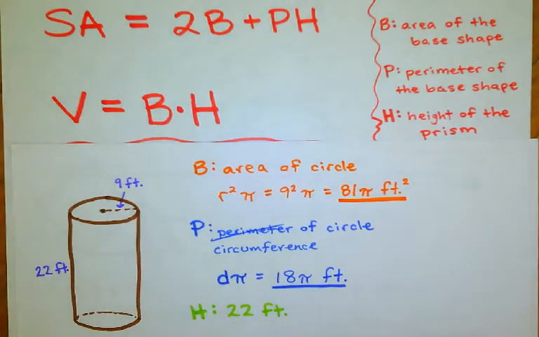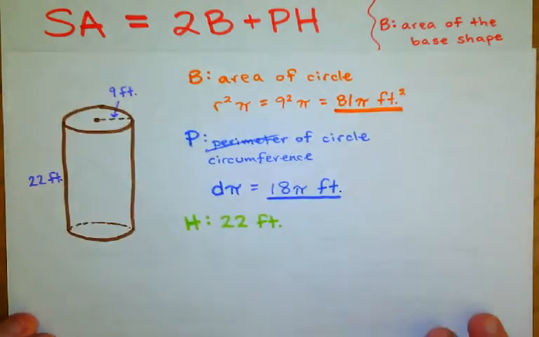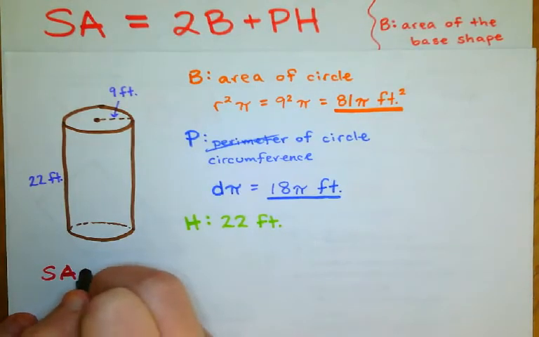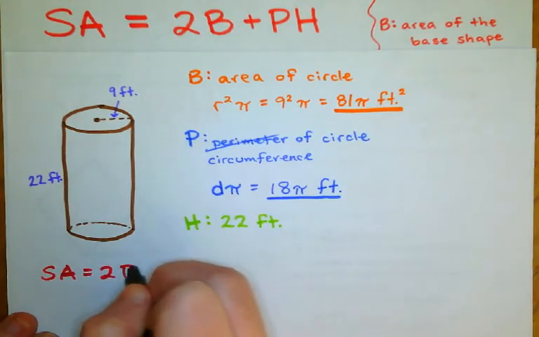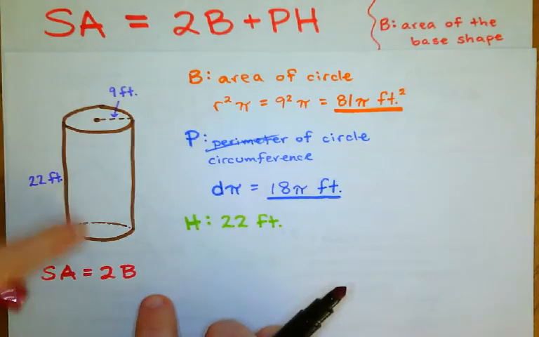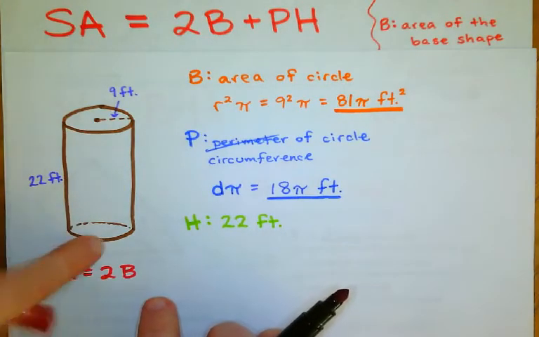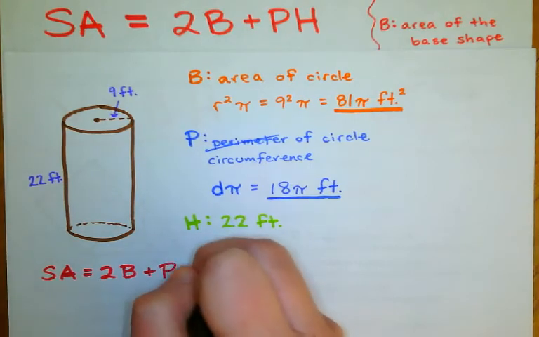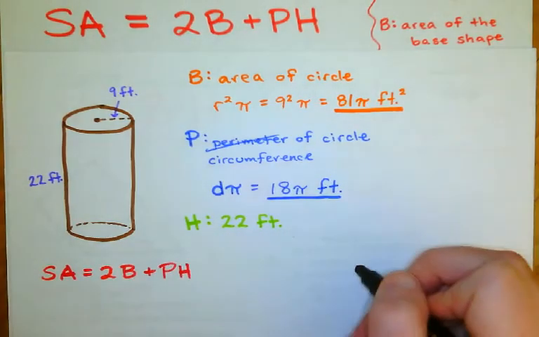Now, to plug this into our formulas, we know that surface area is equal to 2 times B, because it has two bases, a base on the top and a base on the bottom, plus perimeter times height.